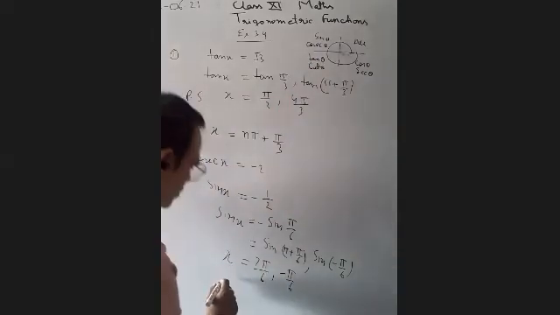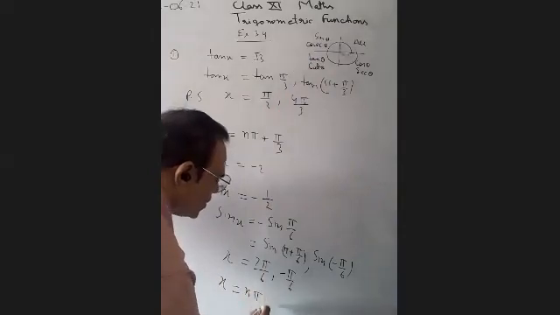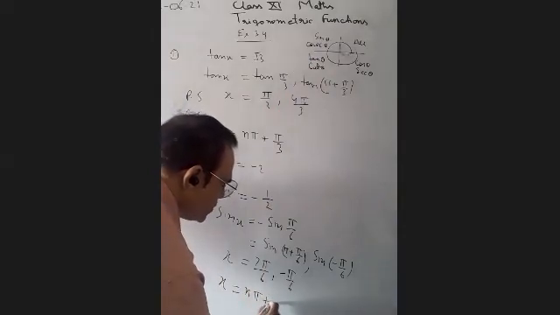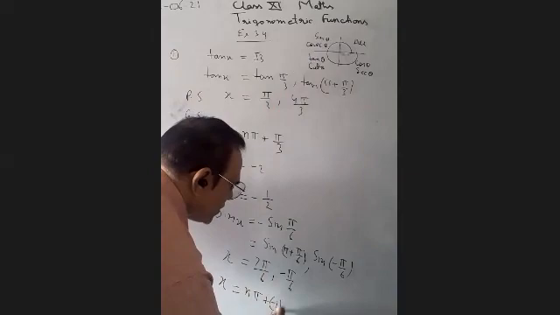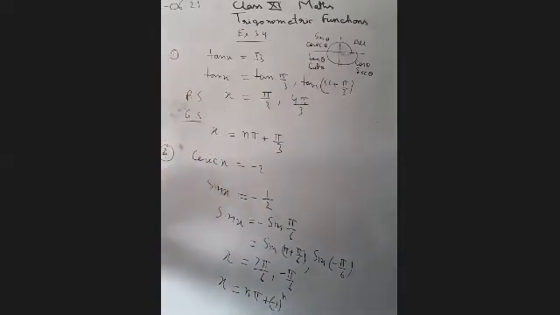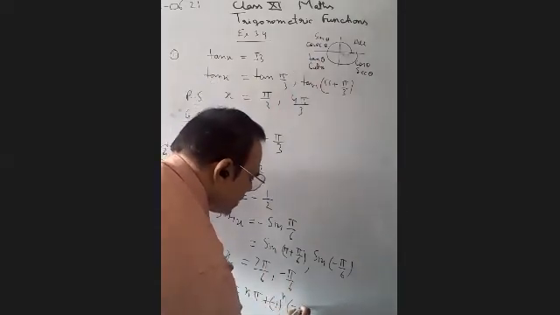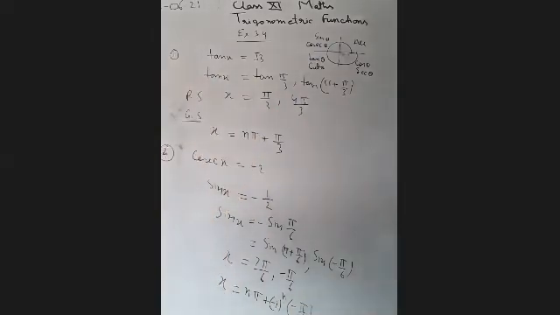In general solution में x is equal to n pi, ठीक है, plus minus 1 to the power n into we have to take the one angle which is numerically less, so we take that angle minus pi by 6. ठीक है, this will be the general solution.